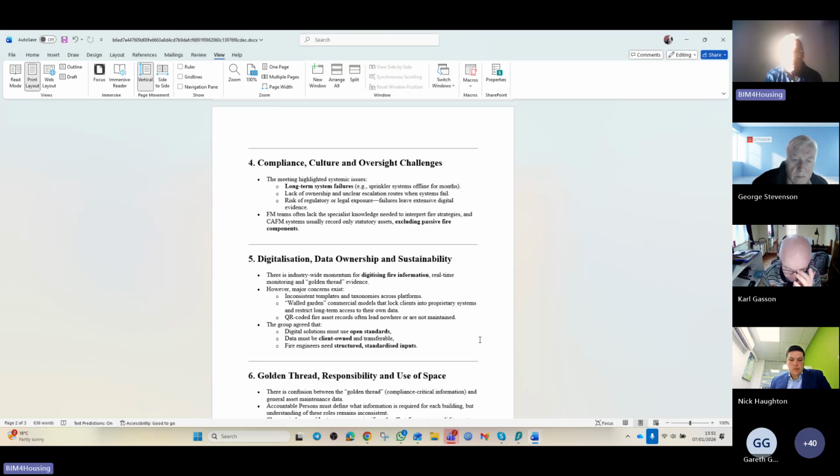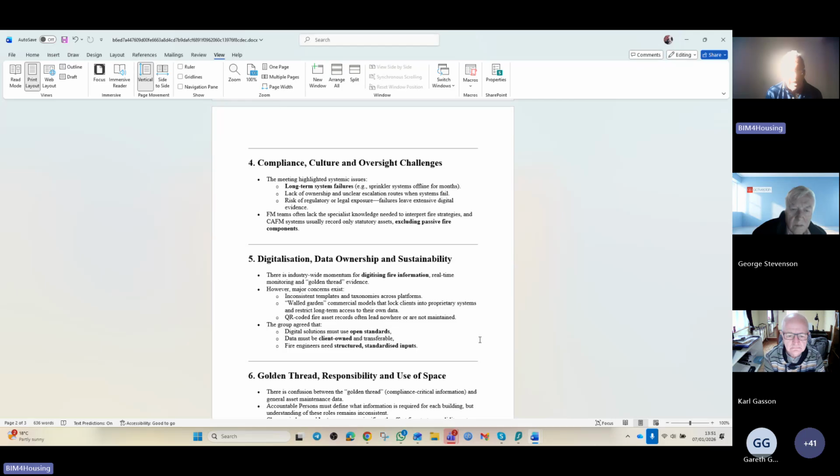FM teams often lack the specialist knowledge needed to interpret fire strategies, and CAFM systems usually record only statutory assets, excluding passive fire components. Okay.